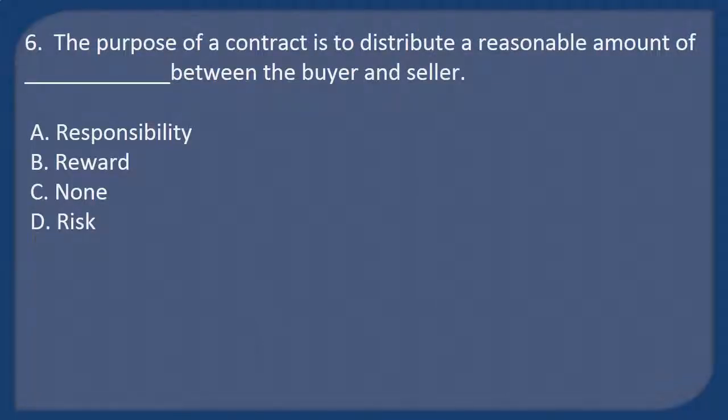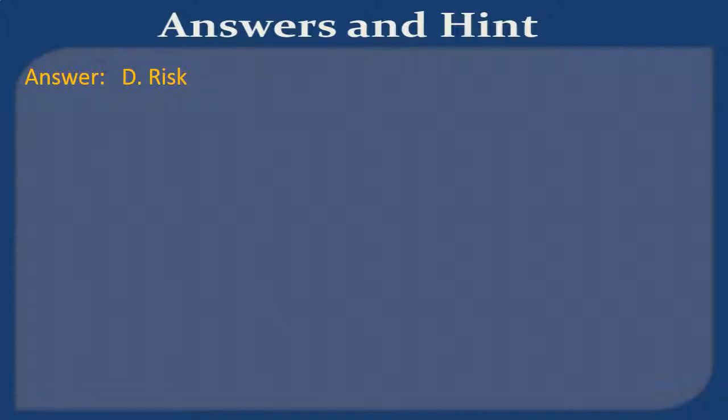Question 6. The purpose of a contract is to distribute a reasonable amount of what between the buyer and seller? A. Responsibility. B. Reward. C. Non-performance. D. Risk. Answer: D. Risk.